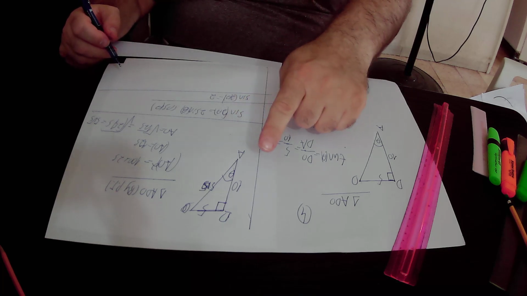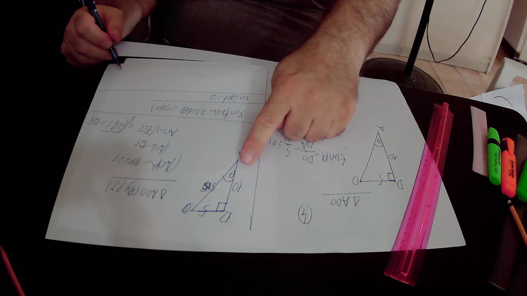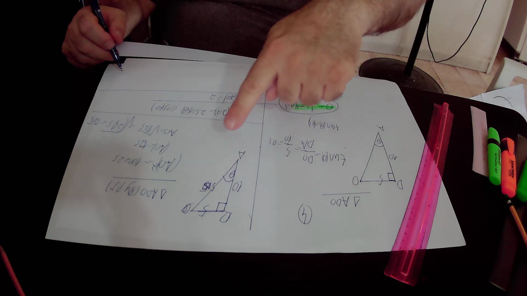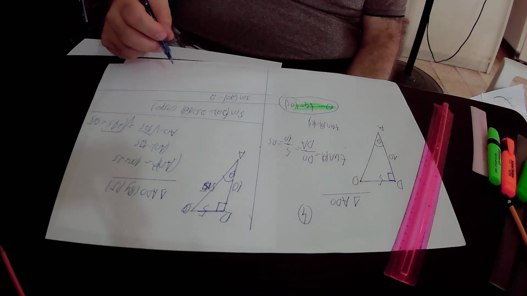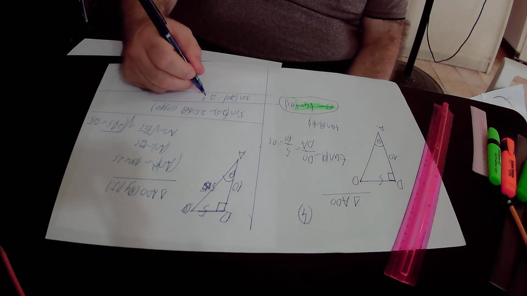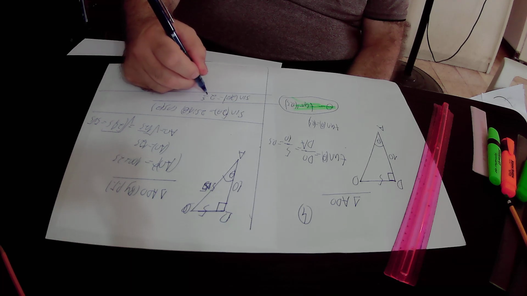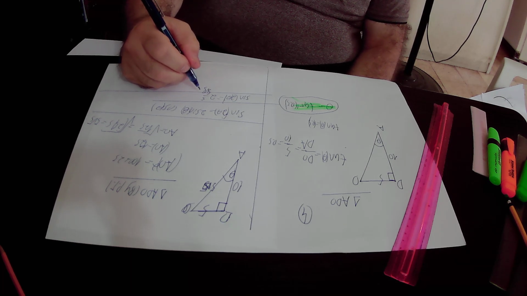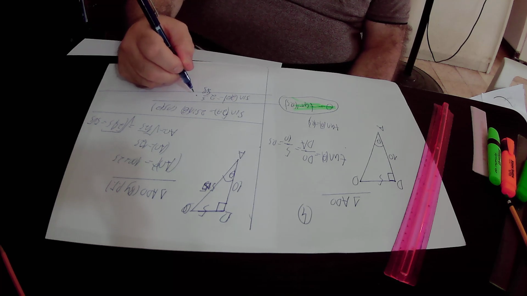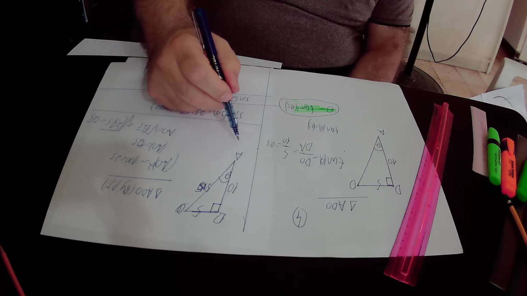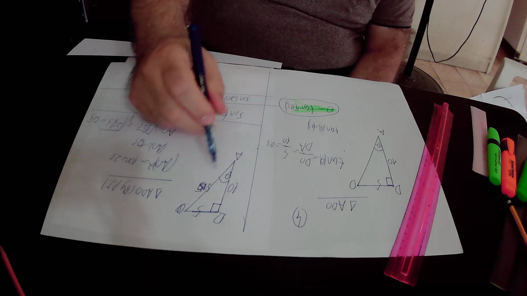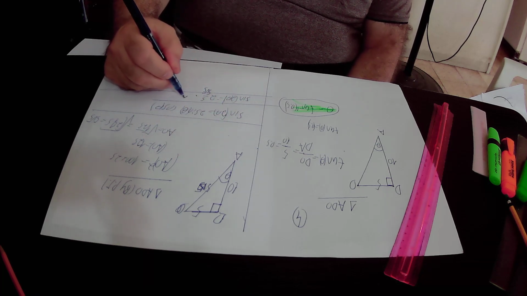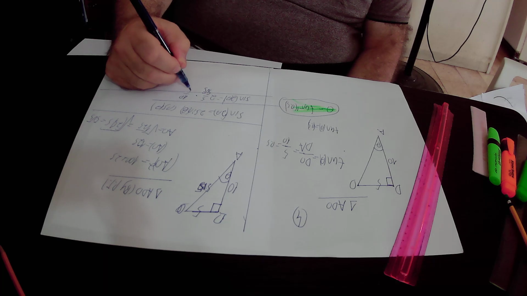Here sine theta equals DO over AO, that is 5 over 5 times square root of 5. Cosine theta equals DA over OA. DA is 10, OA is 5 times square root of 5.